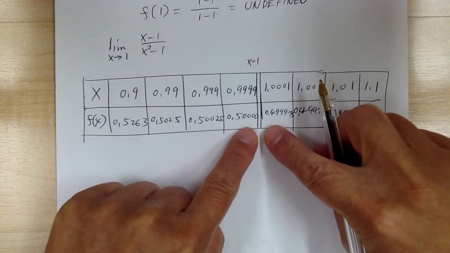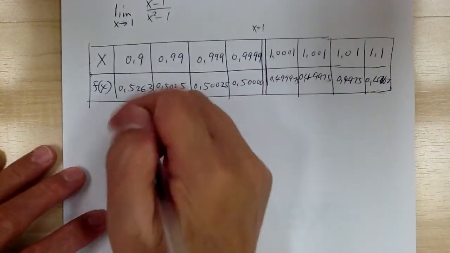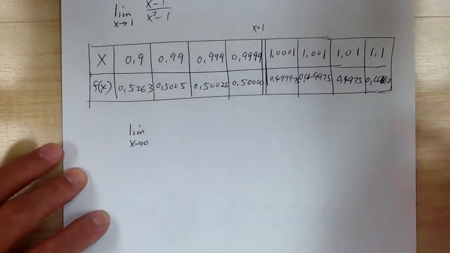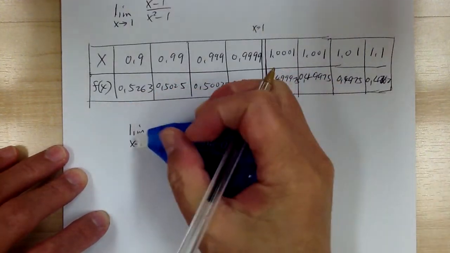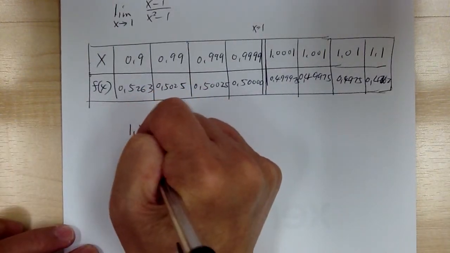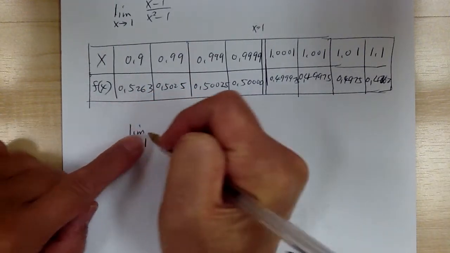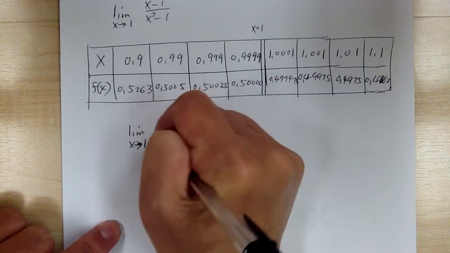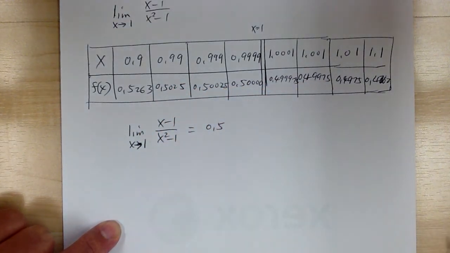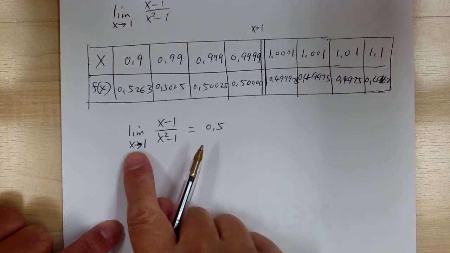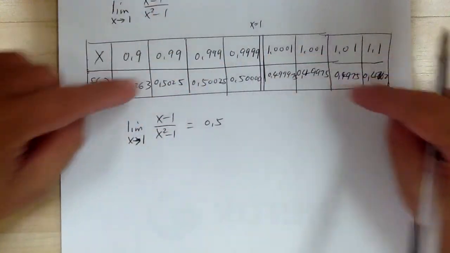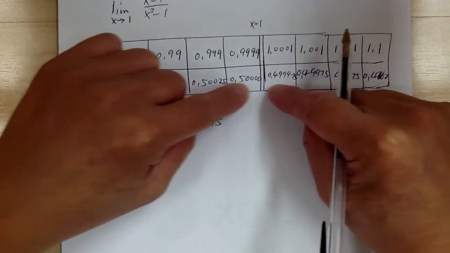It gets really close to 0.5. So what we can say is that the limit as x approaches 1 of x minus 1 over x squared minus 1 equals 0.5. So what the limit means is, as x gets closer to 1, y gets closer to 0.5.